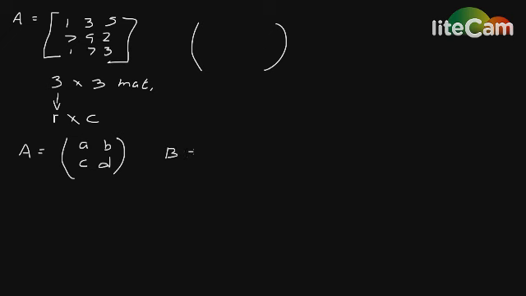Let's call this matrix B, and we'll denote it as B. Once again, small letters: B11, B12, B21, and B22.